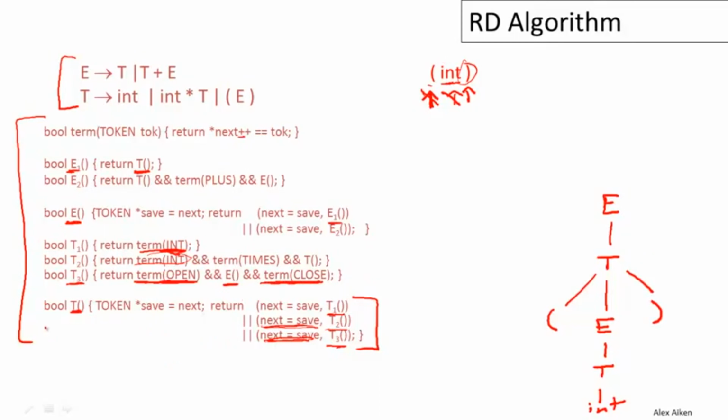And now T3 will succeed, which means that T succeeds. And finally, we return to the root call, E, and that returns true, which means that the parse succeeded. That plus the fact that we are now at the end of the input. There's no more input to consume, and we've returned from the start symbol with true, and so we have successfully parsed the input string.